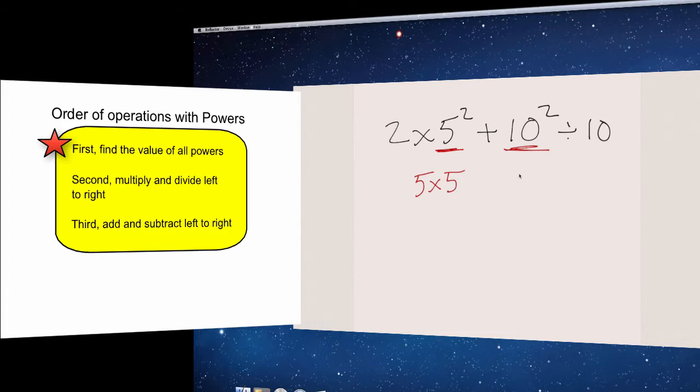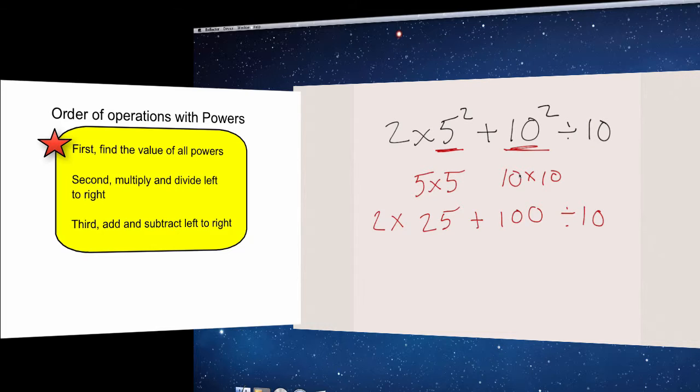So that gets me a value of 25. 10 to the second is the same as 10 times 10, which would be 100. Now I'm going to bring down everything I did not use, which would be 2 times 25. I keep the plus sign, and I keep the divide 10.